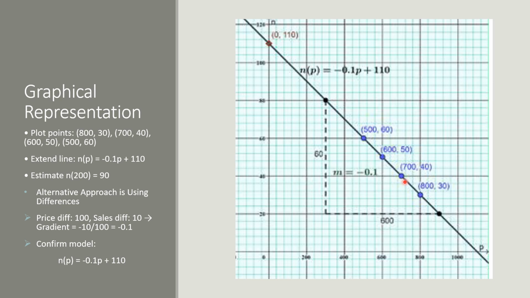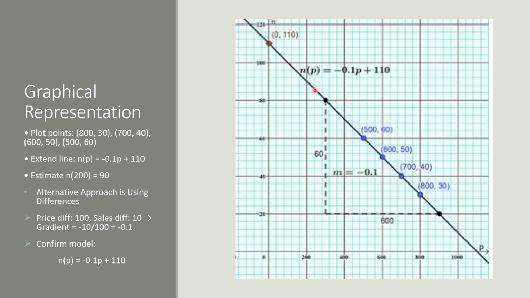Look at the points indicating the price and the sales. This is a linear function whose gradient is negative. That is the reason you can see the line falling from the left side to the right side, which indicates the inverse relationship between the two variables, the number of sales and the price.